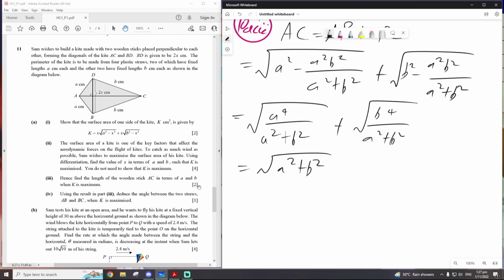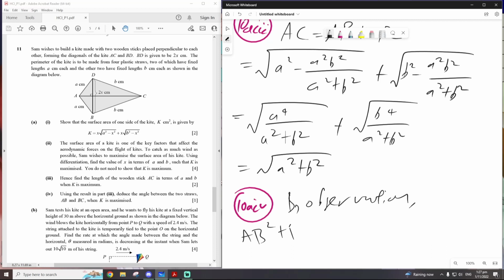And deduce the angle between the straws AB and BC? Okay, so this is also not too tricky. So for this, note that by observation, we have AB squared plus BC squared, which is a squared plus b squared, which is actually AC squared, right?